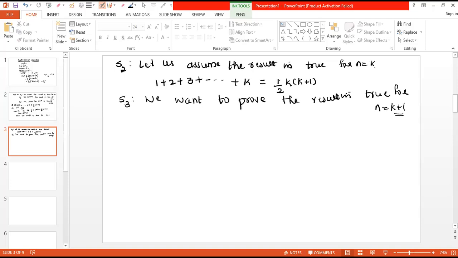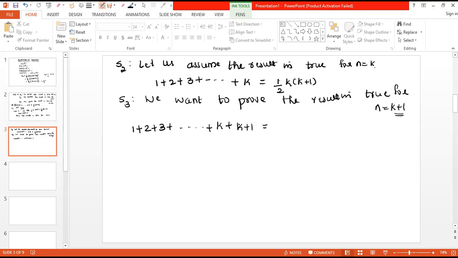For that, I'll write the result as 1 plus 2 plus 3 up to k, and the next term will be k plus 1 on the left hand side.